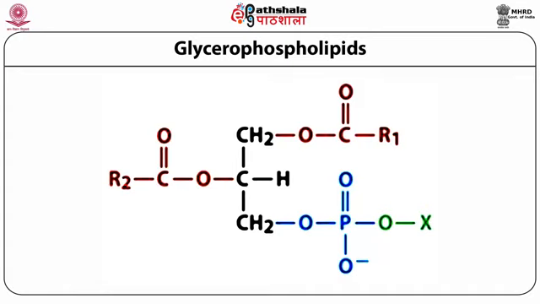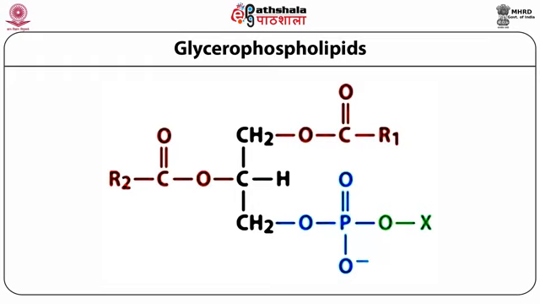The simplest glycerophospholipids are phosphatidic acids. One can view these as derivatives of glycerol 3-phosphate with C1 and C2 OH of the glycerol 3-phosphate esterified with fatty acid acyl chains.